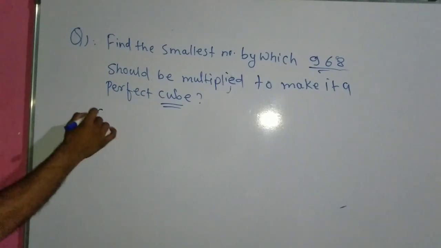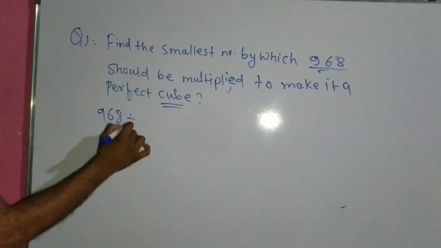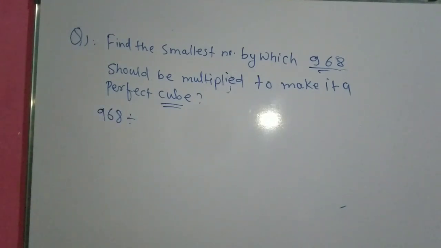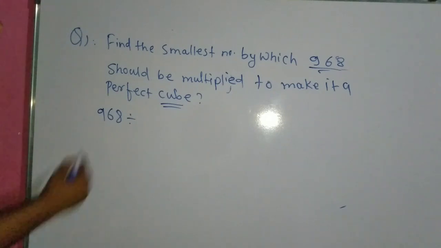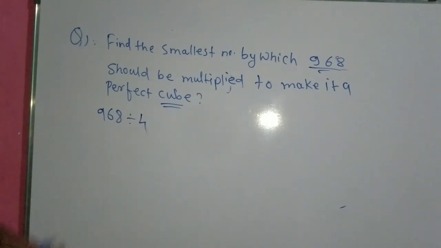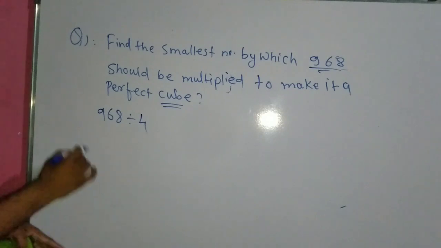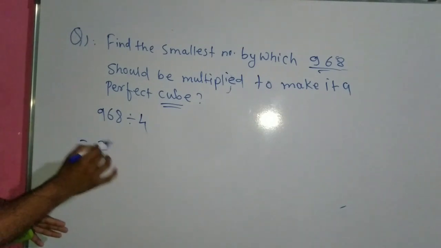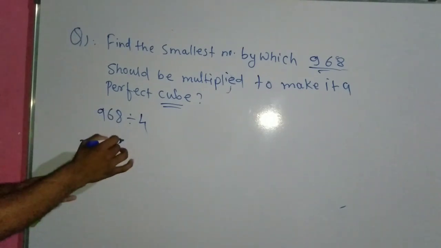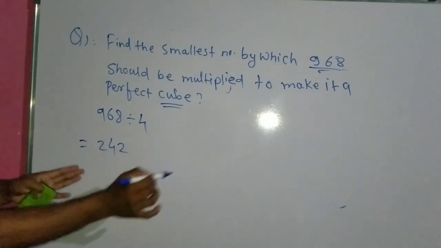First of all, for 968, if you know the rules of divisibility, then you can easily find it. So divided by 4: when I divide 968 by 4, our answer comes 4 1s are 4, 2 4s are 8, then 4 4s are 16, and 4 2s are 8.